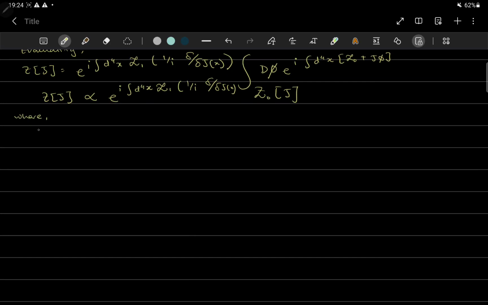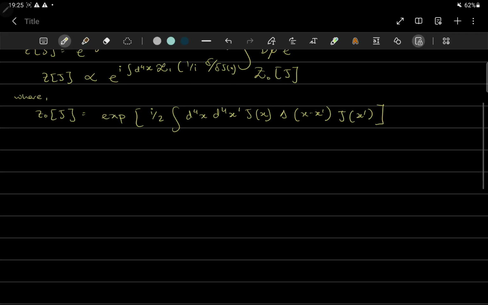Okay, so here I can write the expression for the generating functional for a free field as the exponential of i by 2. This is something that we've seen before, and is given as follows.